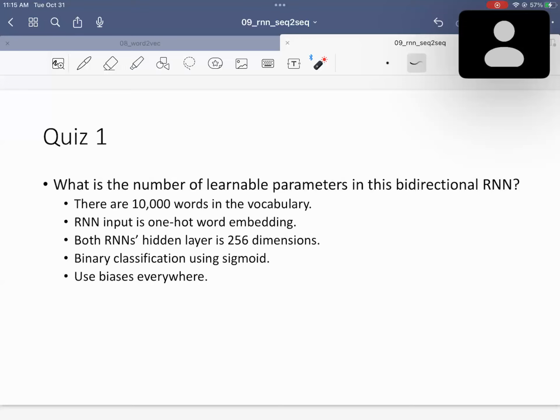Just the numbers, no need for explanation. This is just a quiz. I'm going to give you 30 more seconds. You should not forget about the bias. I said explicitly that you should not forget about the bias.